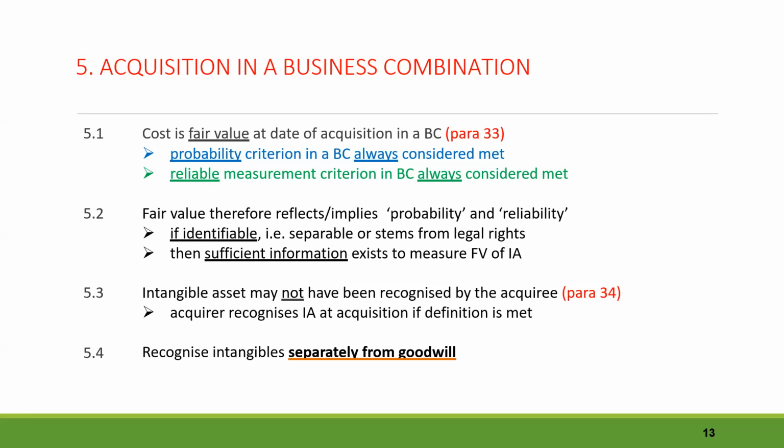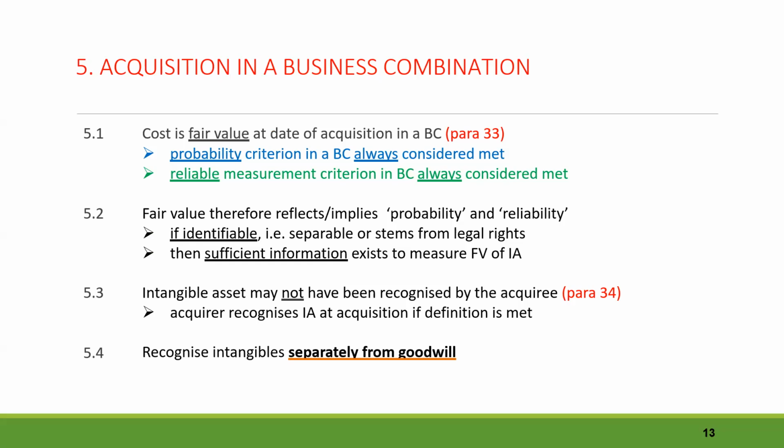Now, if an asset is acquired in a business combination, is separable, or it arises from contractual or other legal rights, and sufficient information exists to measure reliably the fair value of the asset, then we are able to say that yes, this is an intangible asset acquired through a business combination.